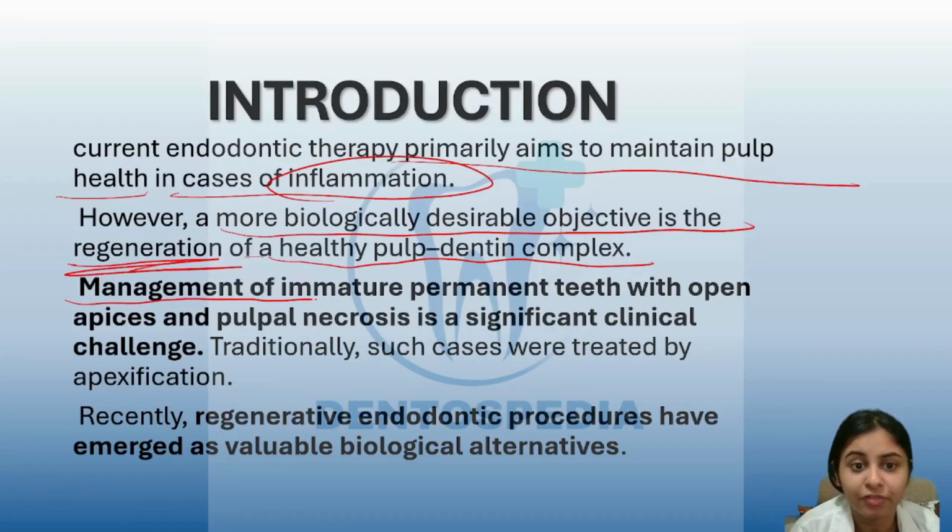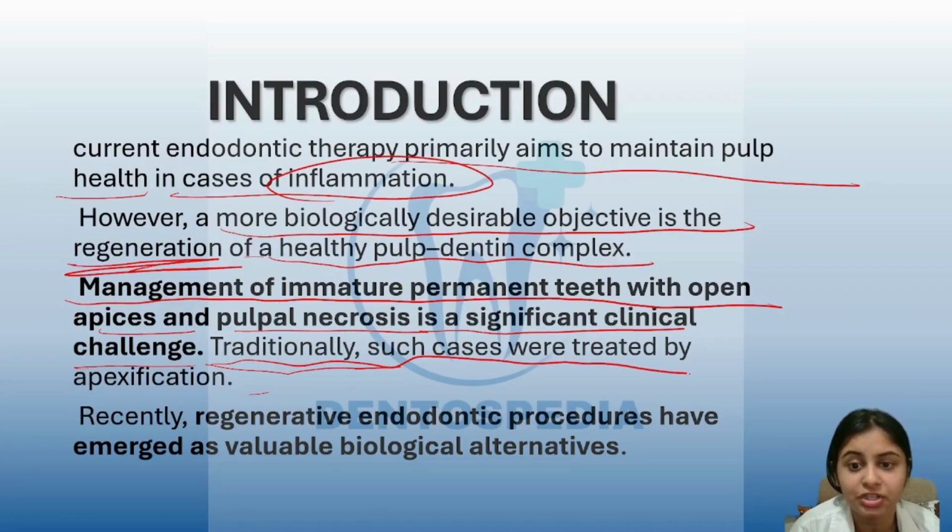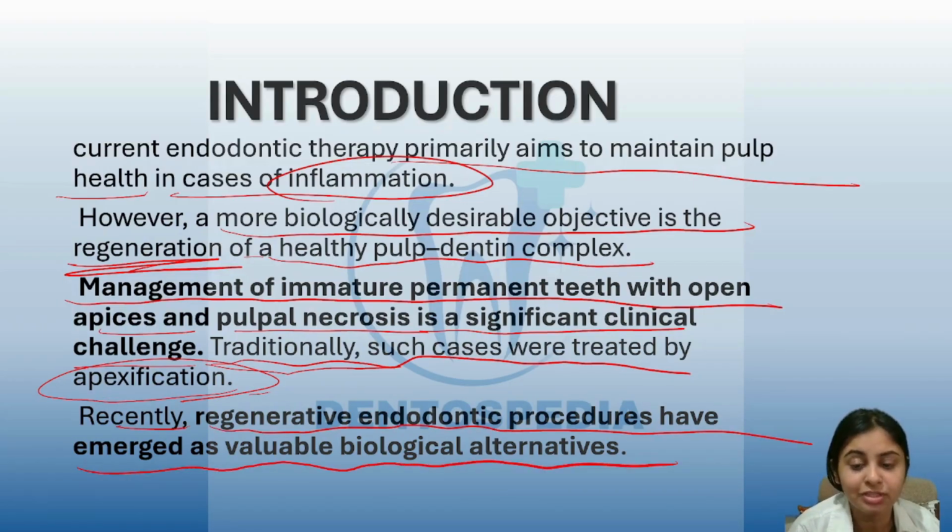The management of immature permanent teeth with open apices and pulp necrosis is a significant clinical challenge, which we know as apexification. So traditionally, such cases were treated by apexification, the management of immature permanent tooth with open apices. But recently, these regenerative endodontics procedures have emerged as valuable biological alternatives.